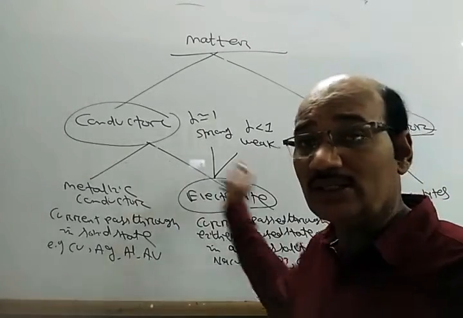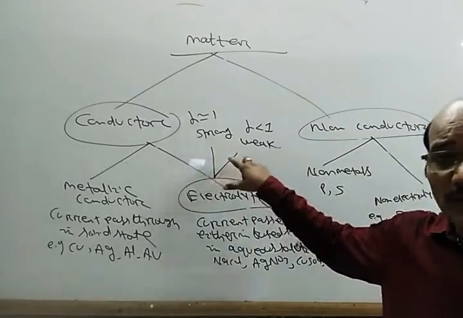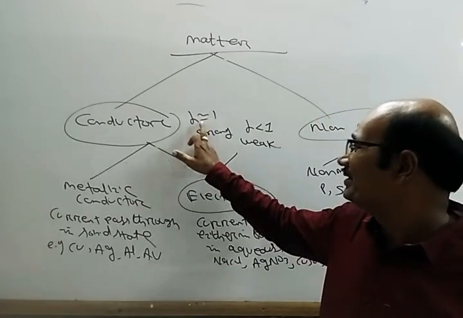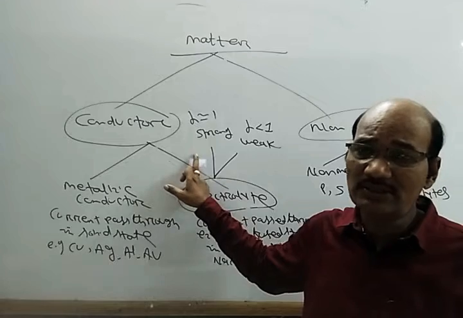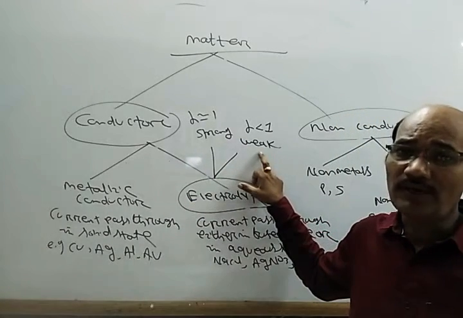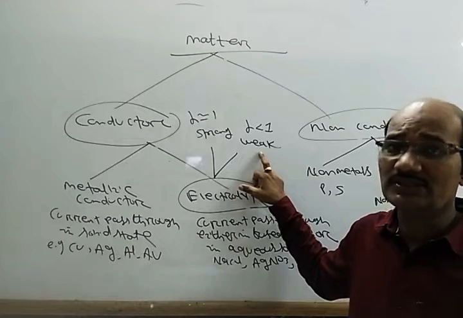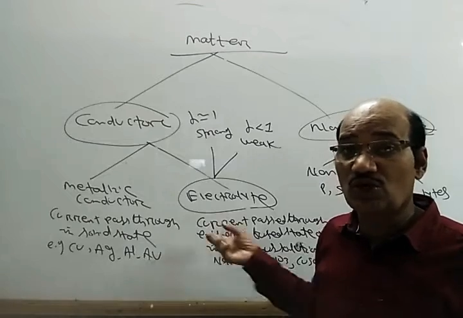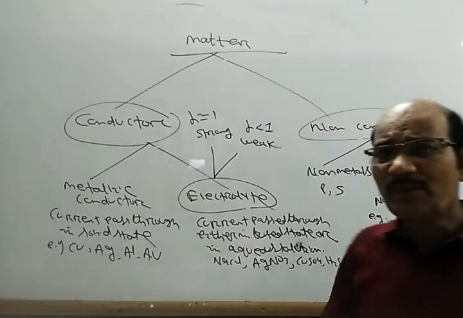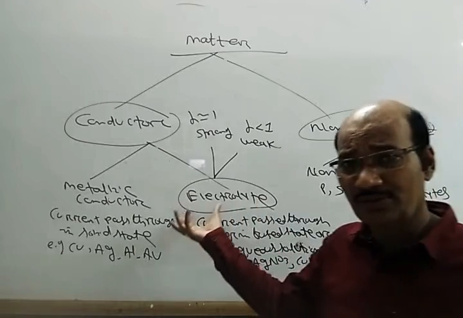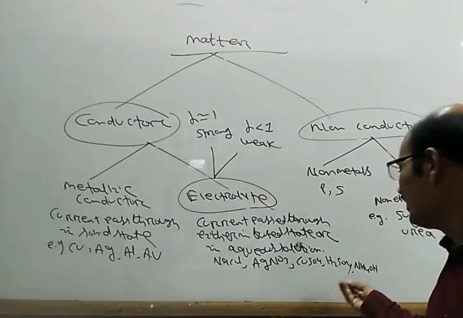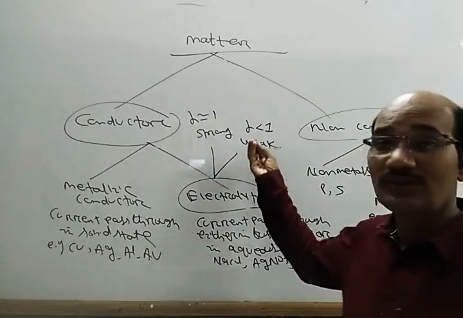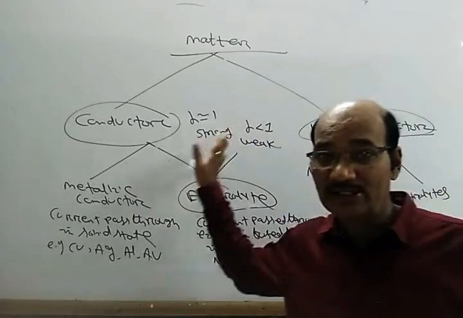These electrolytes again have two kinds, strong and weak. If the degree of ionization alpha is nearly equal to 1, it is a strong electrolyte. If it is less than 1, it is a weak electrolyte. Strong acids like H2SO4 and HCl are strong electrolytes, while weak bases or weak acids like ammonium hydroxide or sodium acetate are weak electrolytes, where alpha is less than 1.